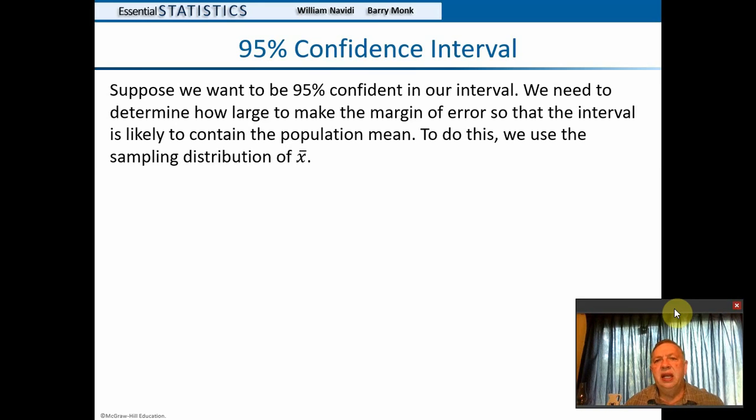Our confidence is naturally going to be from 0 to 100%. Suppose we want to be 95% confident in our interval. That 95% is the most frequently used as a starting point. So if you hear of some survey with some proportion of people and a margin of error, they're usually talking about 95% confidence.